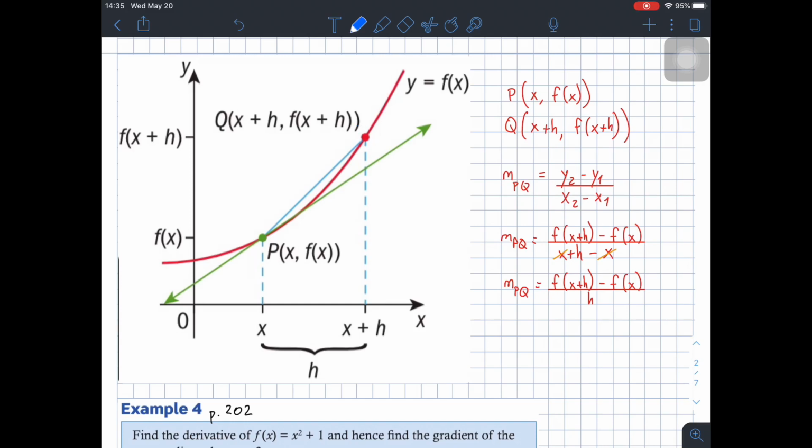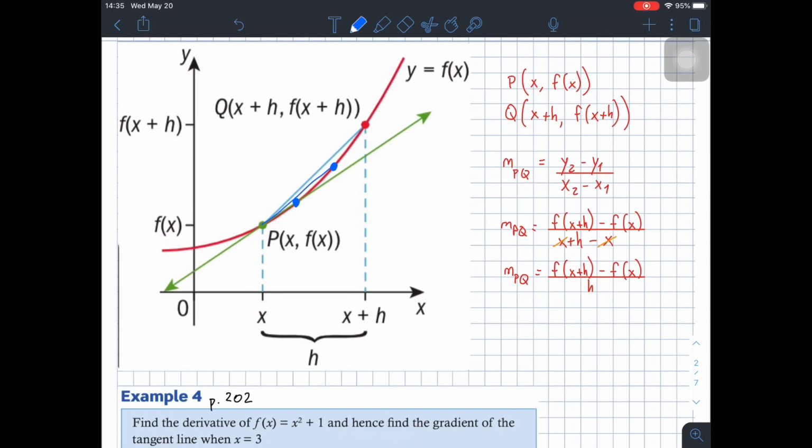Okay, so we have already seen this, and as I told you, the basic thing is just to slide this point Q in order to make it closer and closer to point P until it is infinitely close to point P, and we can find the slope of the tangent line, right? So you see that these lines that I'm tracing here have already a slope which is more similar to the slope of this tangent line over here.